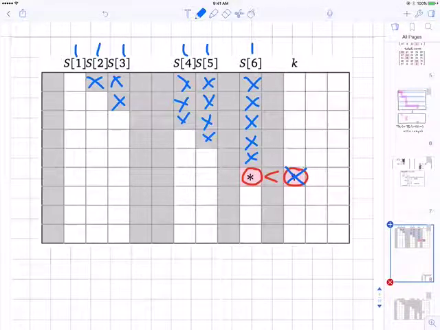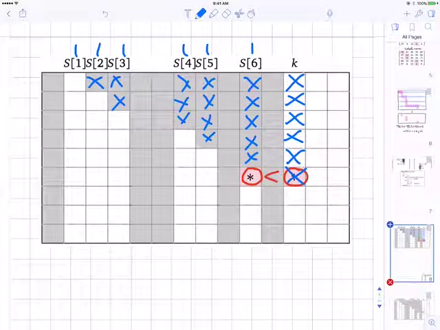But then it also turns out that every entry above it is also dead. And so I've thrown out most, but not necessarily all, of column K.